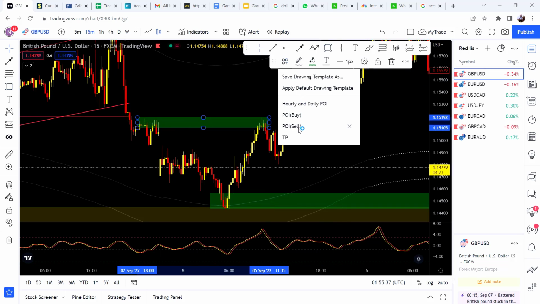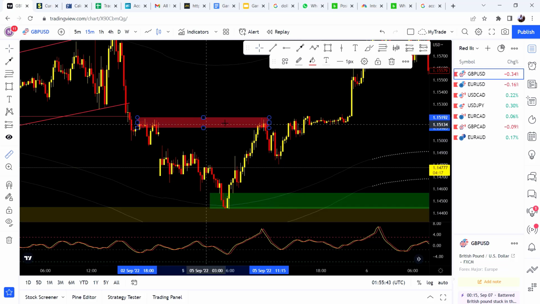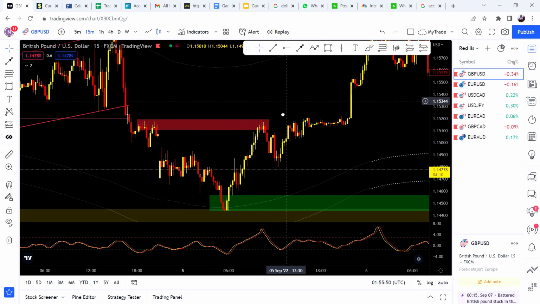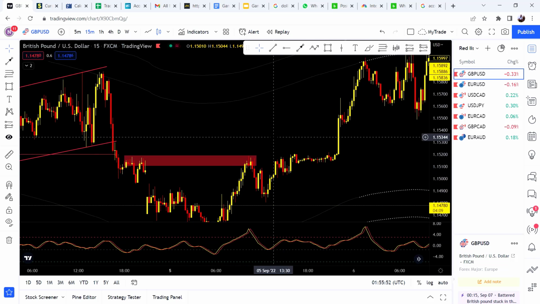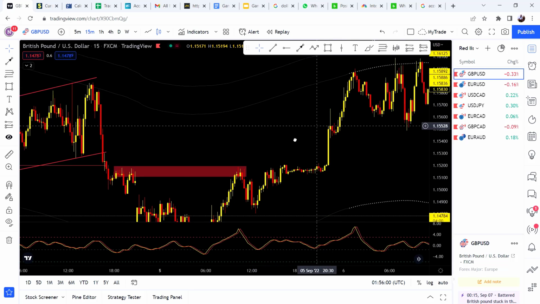So of course price came into the zone and it moved about how many pips? 30 pips, and there wasn't enough liquidity and price decided to reverse for more liquidity before coming.